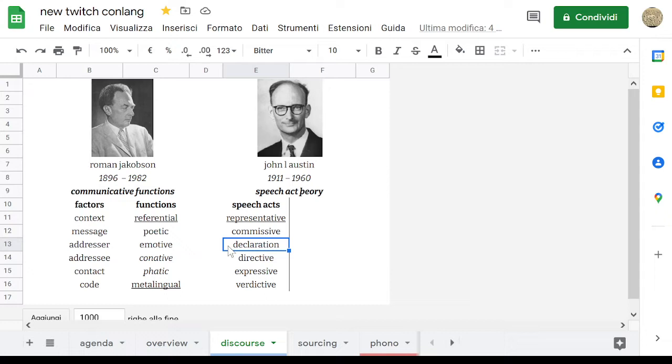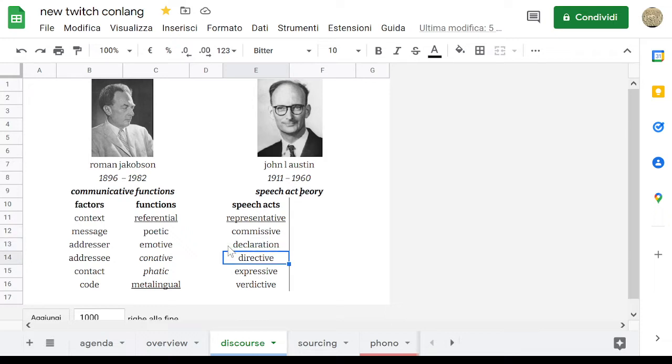A judge giving a sentence. I'm trying to think of other examples. If you baptize someone, they've gone from being unbaptized to being baptized. So declarations change someone's status with regards to something. It's the language itself that changes their status. It is a declaration. So that is the act that you're taking part in by speaking.